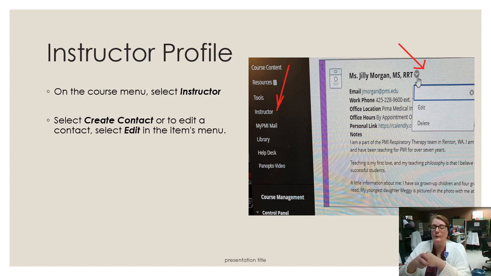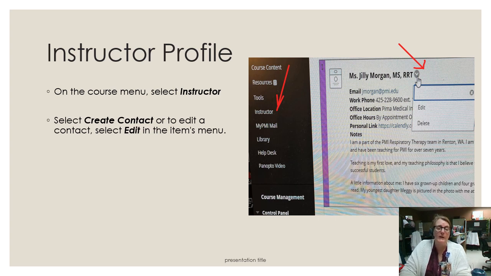So I encourage you to take time to make an awesome contact in one of your courses. On the course menu, select instructor and click on it. Then at the top, select create contact.